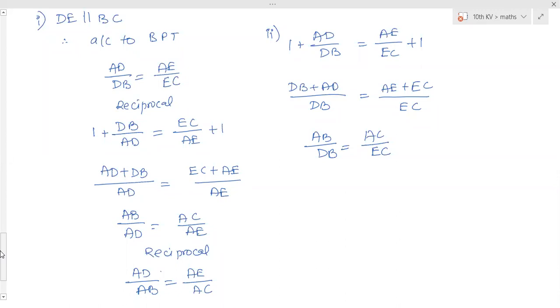Solve this one first. AD value is given, DB is given, AE is given, and you have to find the AC value. Like those questions are there. Substitute the values in the given ratio, cross multiply, and you will get the remaining one. Try to finish it. Otherwise, I will explain it to you tomorrow.